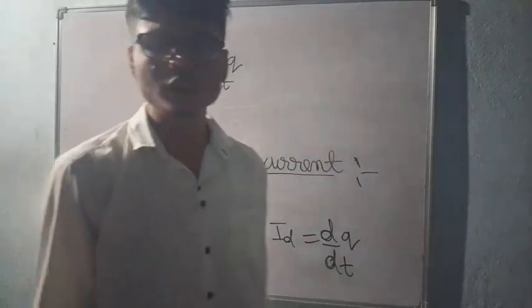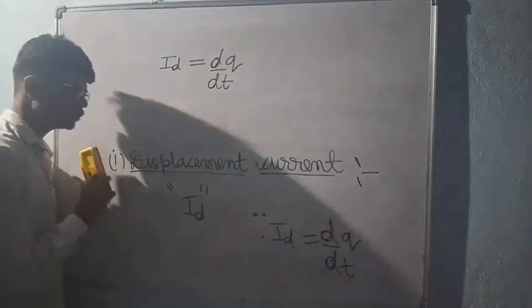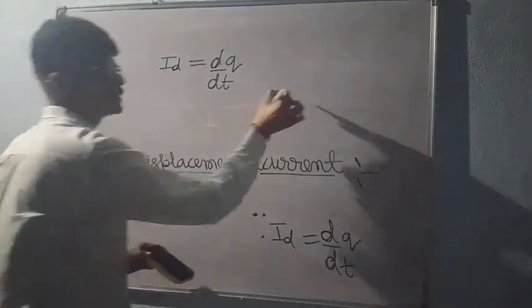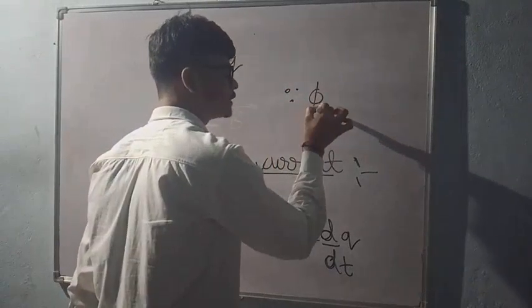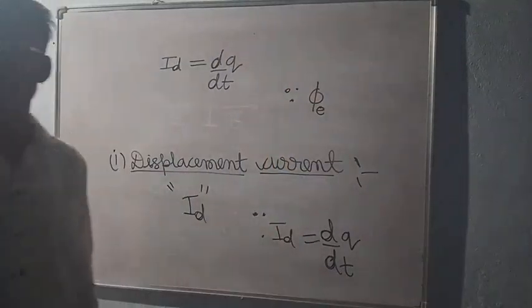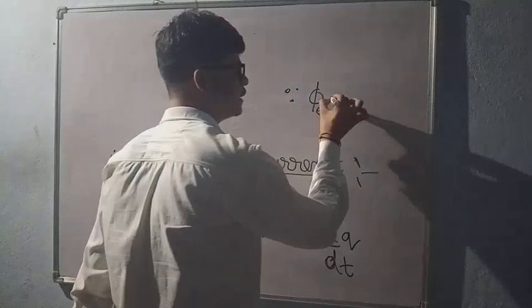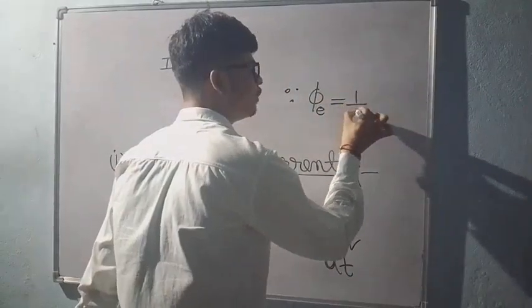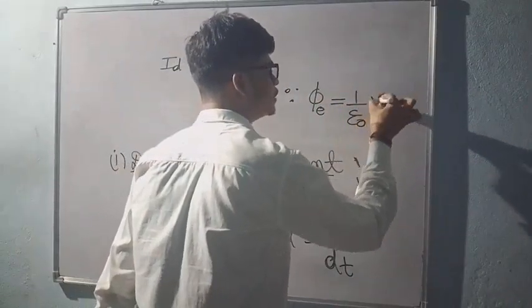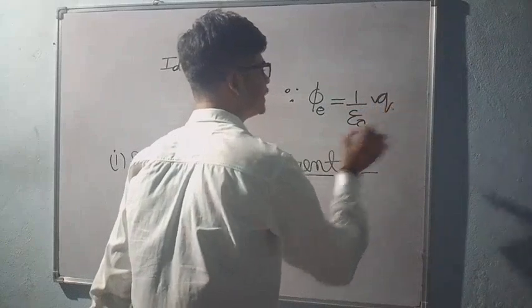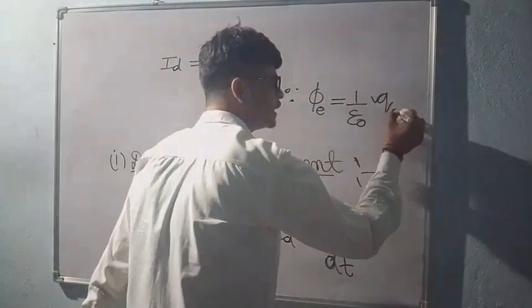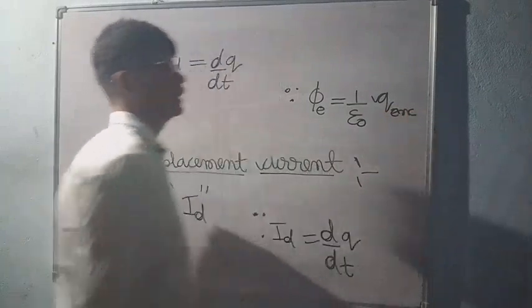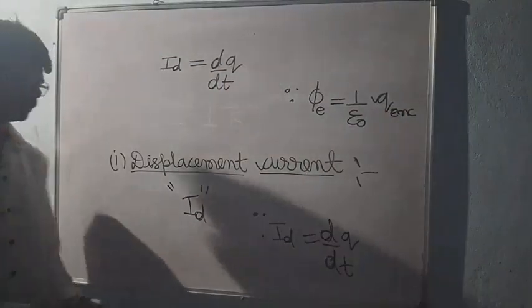Do you know the Gauss law of electrostatics? What does Gauss law of electrostatics explain? It explains that the total electric flux, phi E, is equal to 1 by epsilon naught times the total charge enclosed.